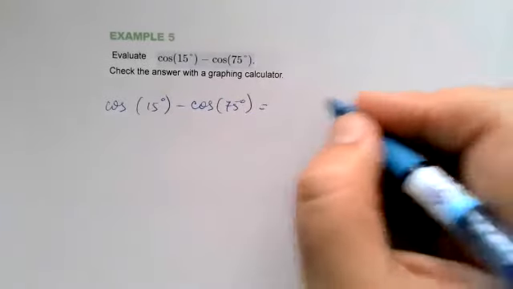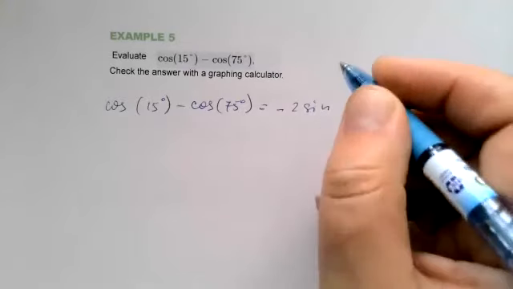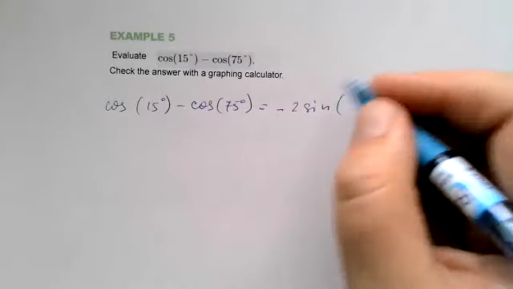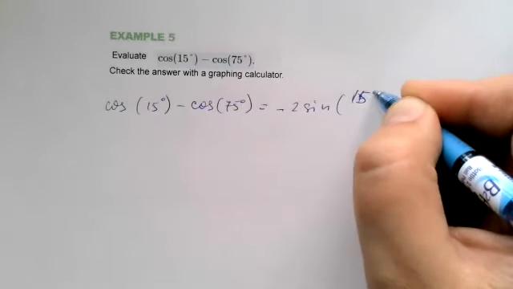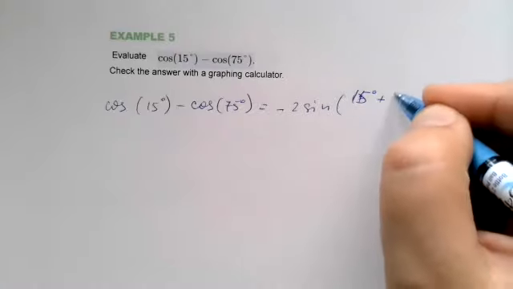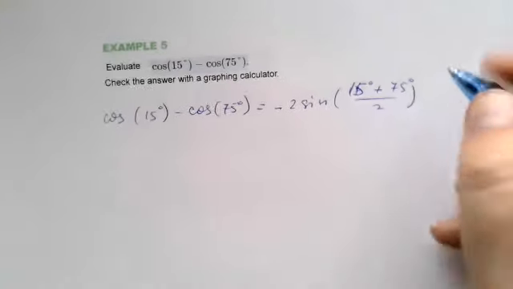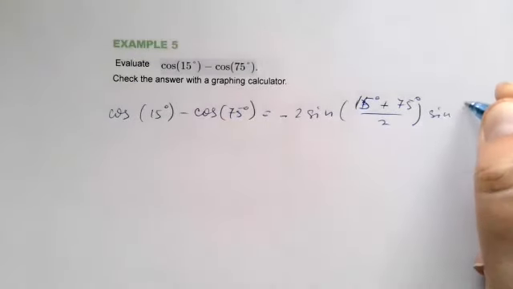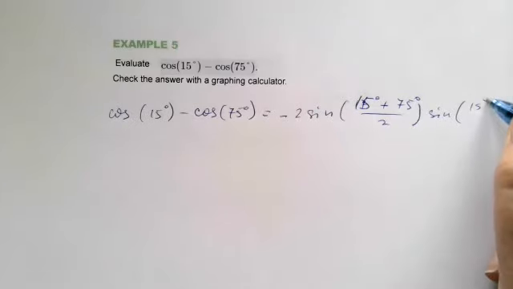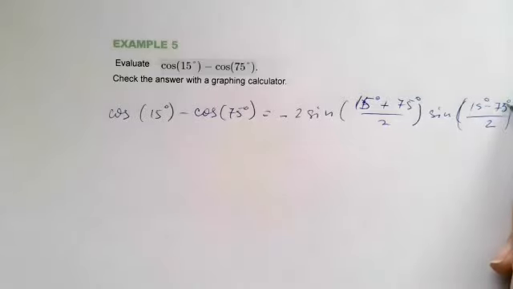The formula tells us it's negative 2 sine of the average of those two angles, multiplied by the sine of half of the difference.